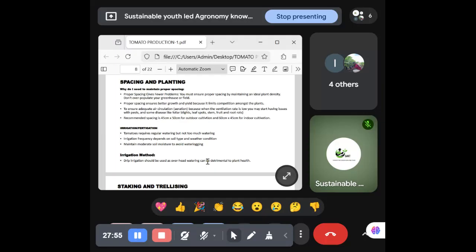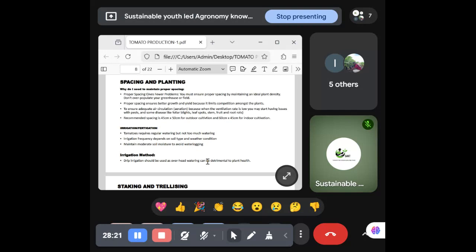These things are caused when your plant is not able to get air and start having some diseases. You have issues with pests, especially during dry season. You have pest pressure, and you may also have diseases like foliar blight, leaf spot, stem, fruit, and root rot.